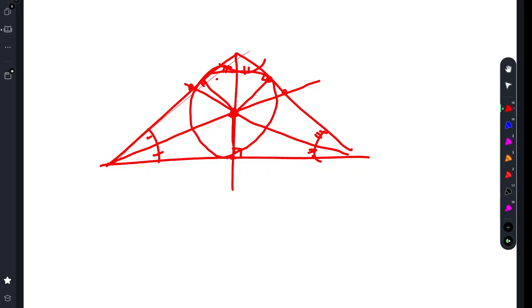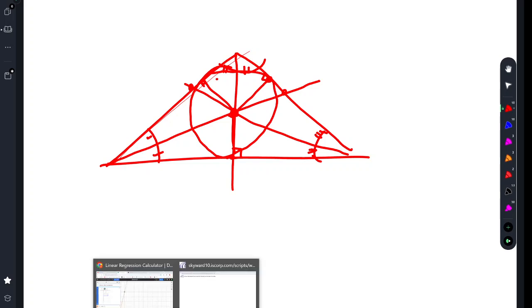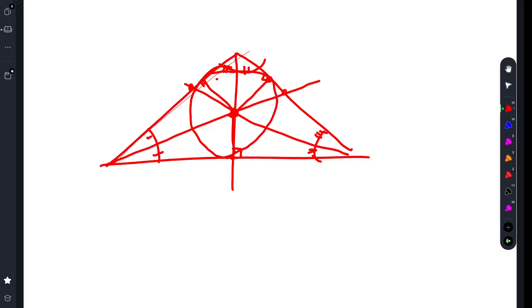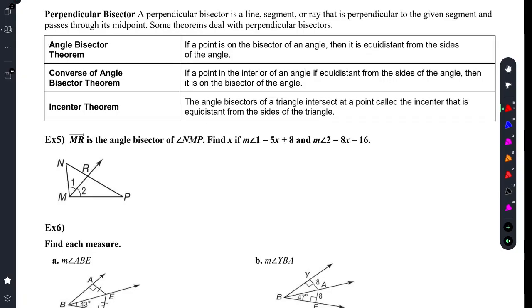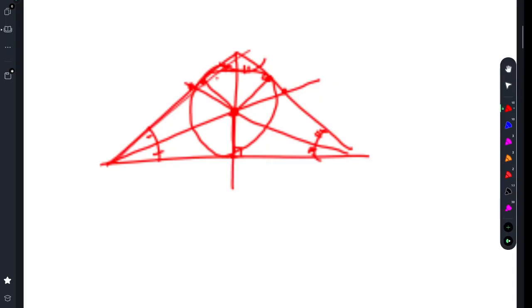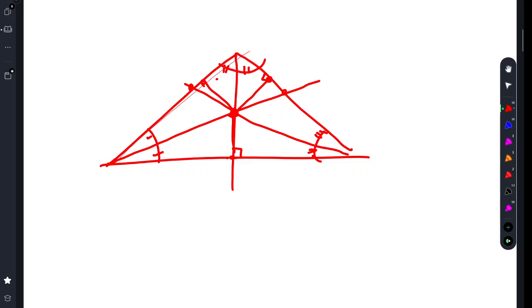But I feel like I'm doing that one wrong. My spidey senses are tingling, and I feel like I'm doing that one wrong. That is equidistant from the sides. Maybe it is. No, I think I'm actually wrong on that one. No, I actually think it's this one.